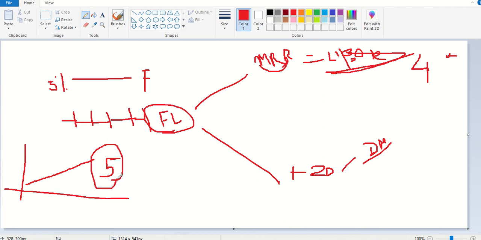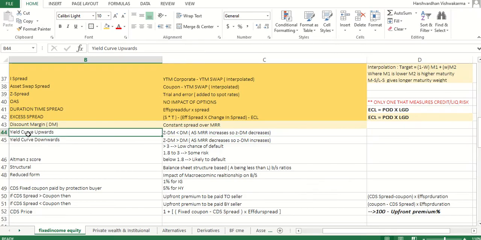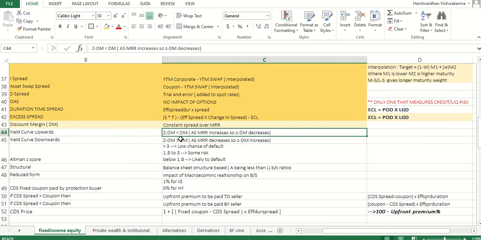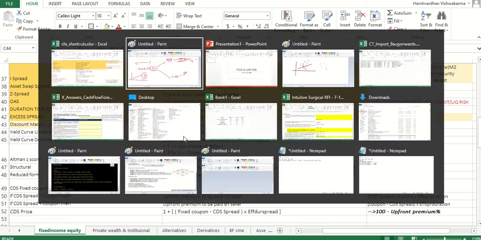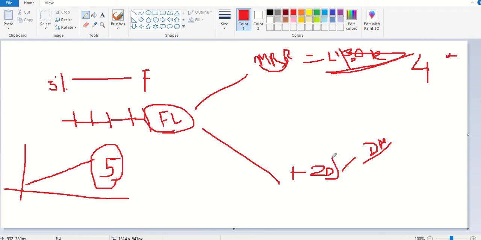Now, just from the logic, if the yield curve is moving upwards, the Z spread of the discount margin will be lesser than the DM. It's quite intuitive in that sense because this DM is fixed, right? If one of the components is increasing, the other component has to decrease, so as to maintain the present value of the bond.